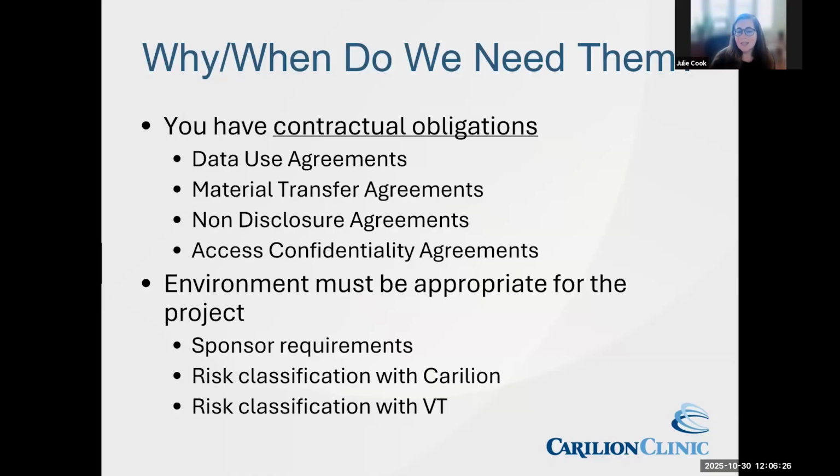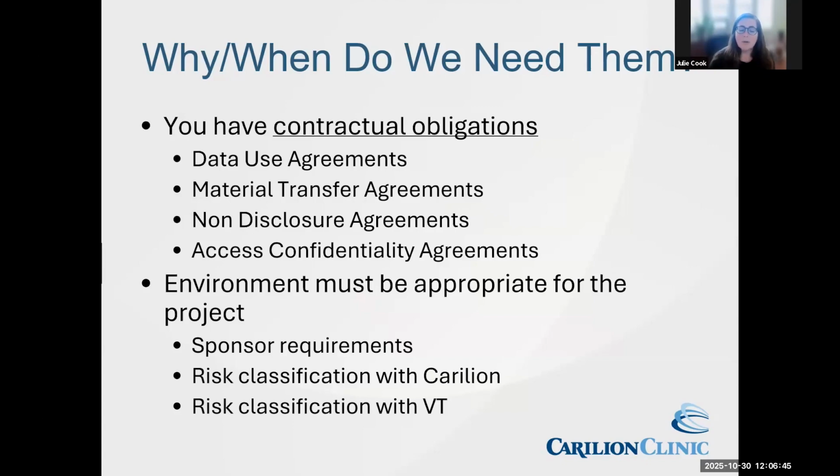So it's important to understand as a researcher what those contracts say and how they say you must store it, who can access it, what you can do with it. Just because it might be de-identified doesn't mean that you can post it anywhere that you wanted. We have to be aware of those contractual obligations.